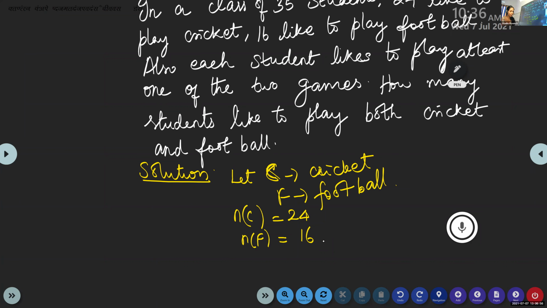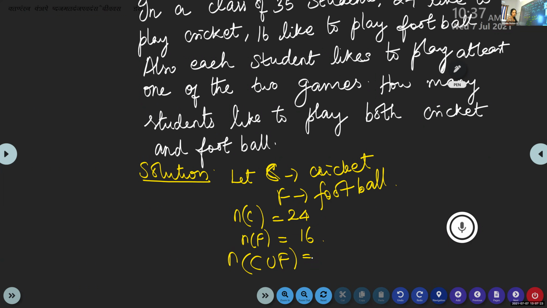While learning the operations itself, I told you to underline all these words. All the students like to play either of the games, either the first game or the second game. That means, Pranav? Union, very good. n of C union F.